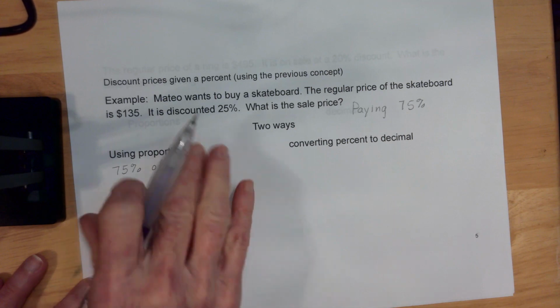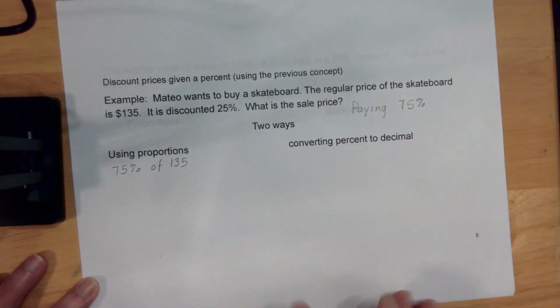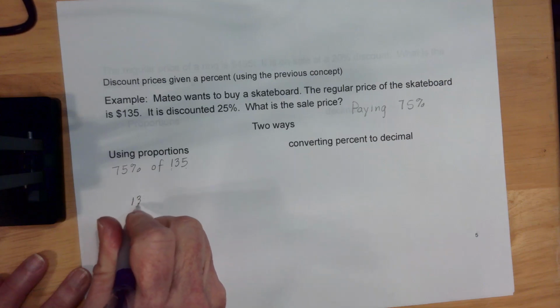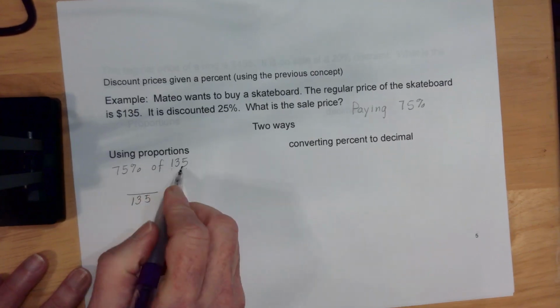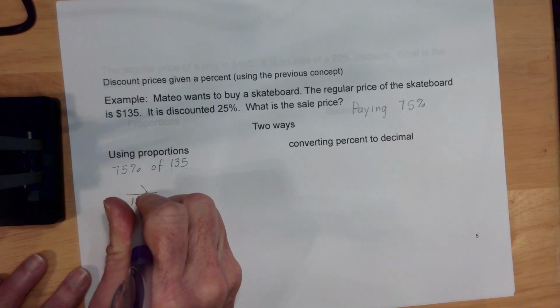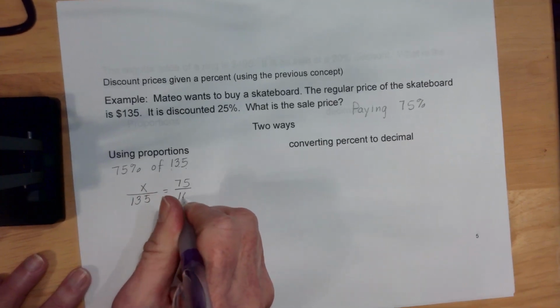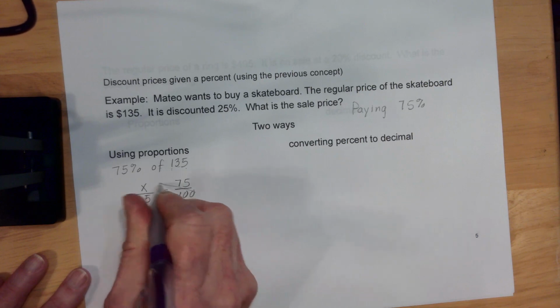Now I'm going to do proportions here, and then I'm going to do something different over here. So this is just like you've been doing. I have 135 on the bottom because it's after the word of. The x goes on the top. I know what I'm paying. It's 75%, so I make that into a fraction.